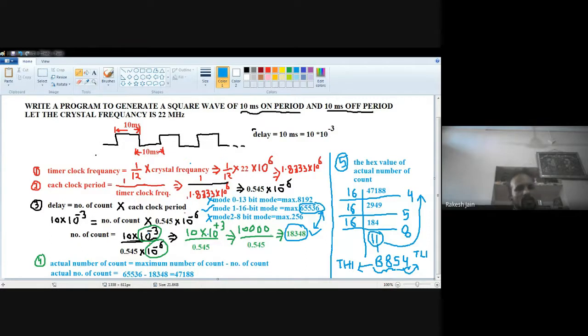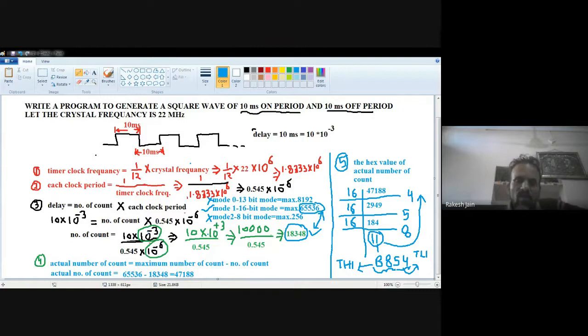Okay. After this, we have to design the program. Now, first of all, these values should be uploaded into the timer register. Because we use timer register 1, there is no meaning of timer register 0. So before starting the program, first we should choose the particular bit values of the T mode register after this calculation.